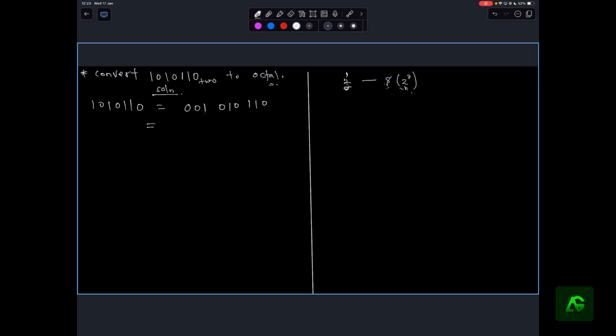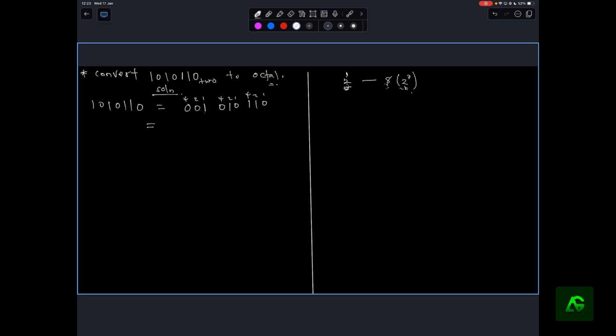So now let's convert this one to base 10. If you want to use the weight approach, this one will be 1, 2, then 4. This one will be 1, 2, then 4. This one will be 1, 2, then 4. So 4 times 0, we'll just discard those with 0. So 1 times 1 is 1.